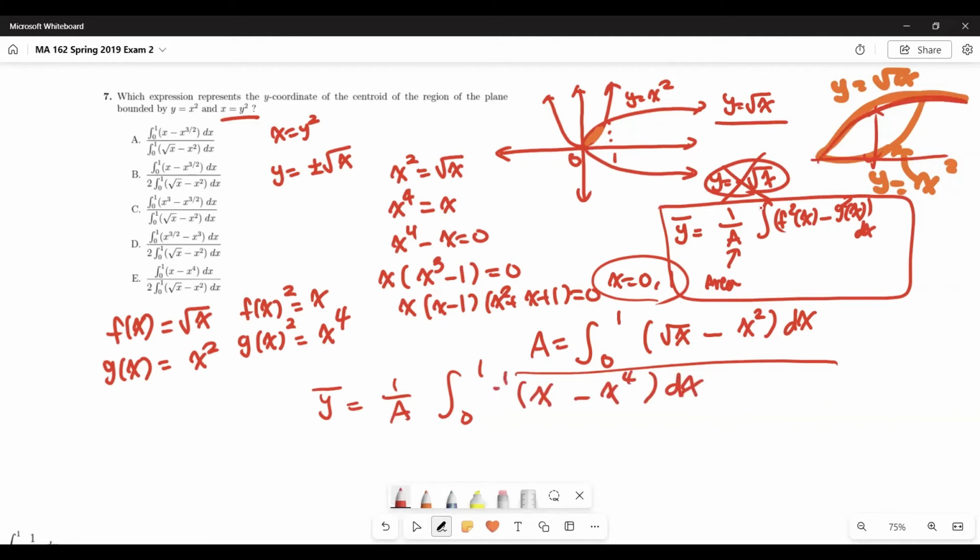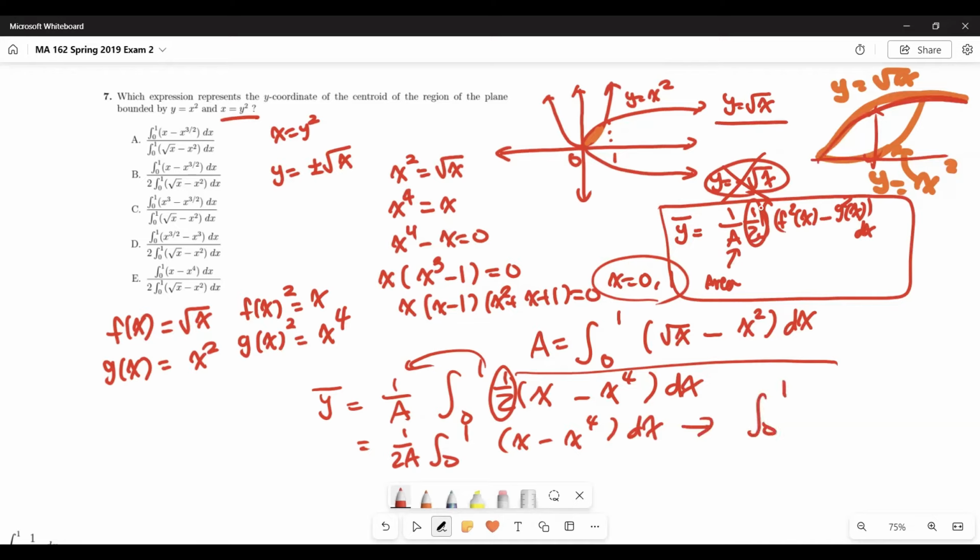And you have to do 1 over 2. I forgot to write it in the equation, sorry. Yeah, 1 over 2 is very important. Don't forget that, like me. So 1 over 2 can come out of the equation. So 1 over 2A, from 0 to 1, x minus x to the fourth dx. If you look at the options, this becomes the integral from 0 to 1 of x minus x to the fourth dx, over 2 times the area, which is the integral from 0 to 1 of square root of x minus x squared dx.